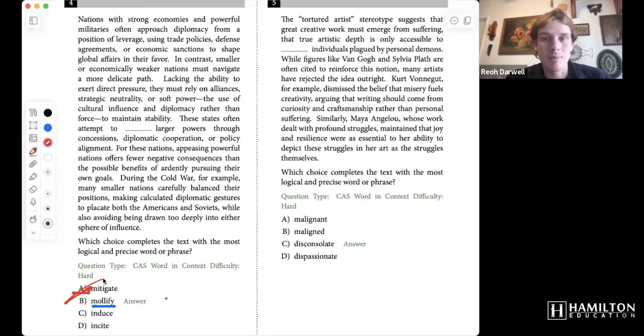We can mitigate that problem by reducing the emissions of cars. Now, we didn't solve global warming, but we're mitigating or limiting the problems of one particular aspect. So to mitigate larger powers would mean to make the larger power limited, right? Which doesn't really make sense here. You can maybe mitigate some of the issues of being a smaller power, but you can't mitigate larger powers through concessions, diplomacy, policy alignment.